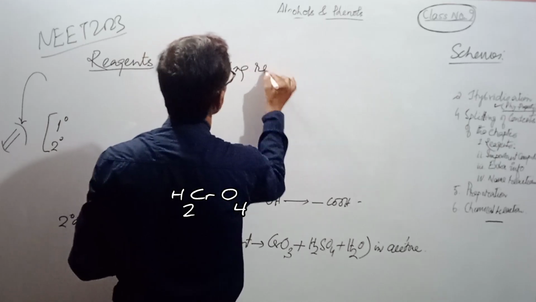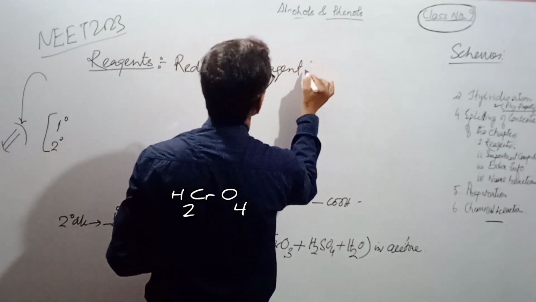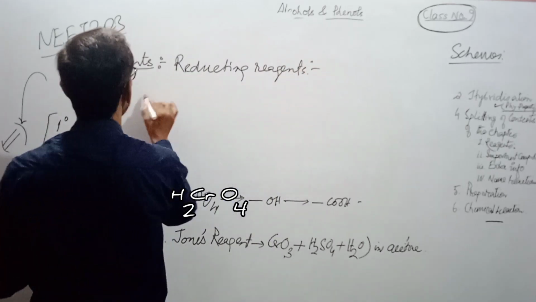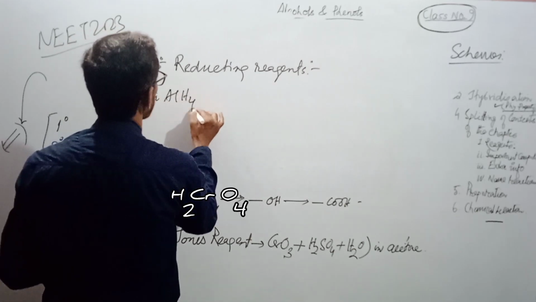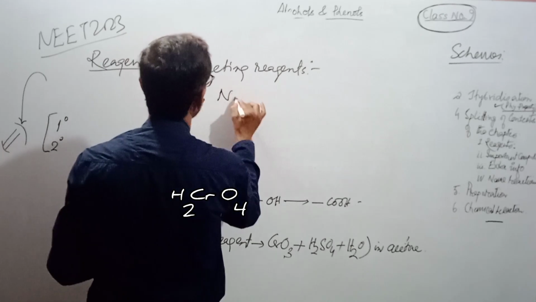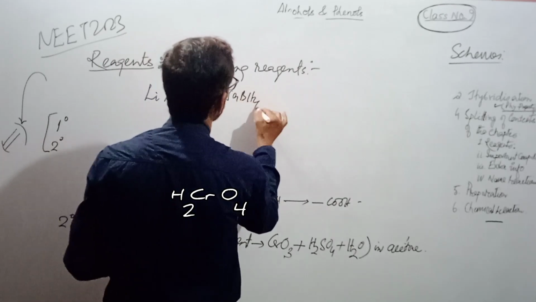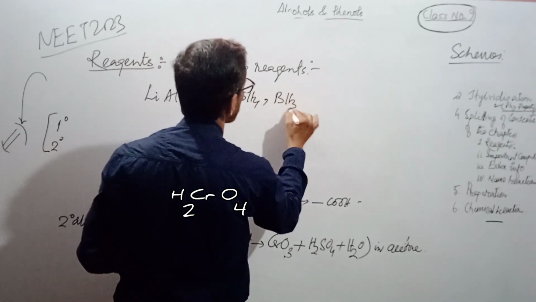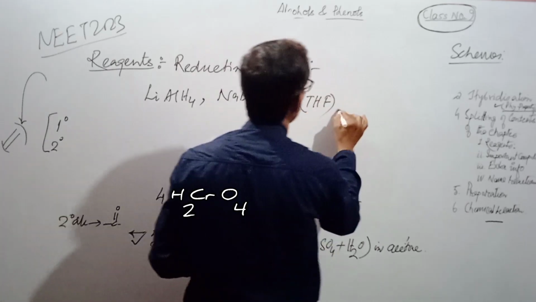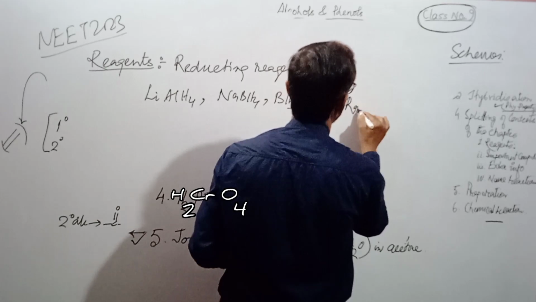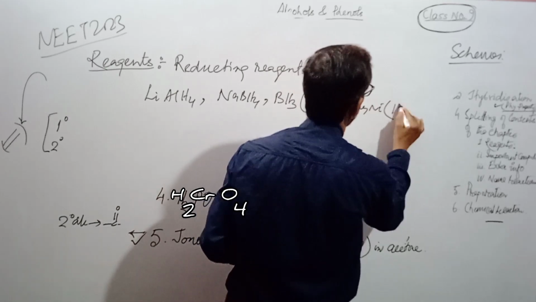Among reducing reagents, I will first write lithium aluminum hydride, sodium borohydride, BH3 in THF, and nickel with hydrogen.